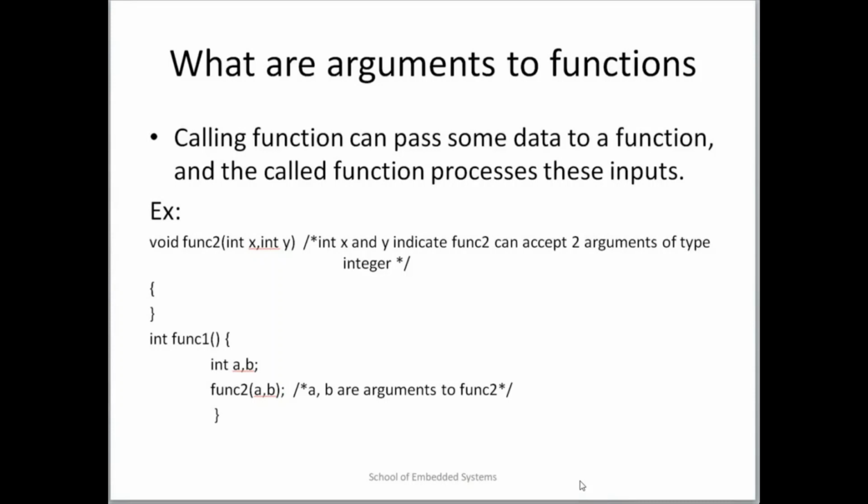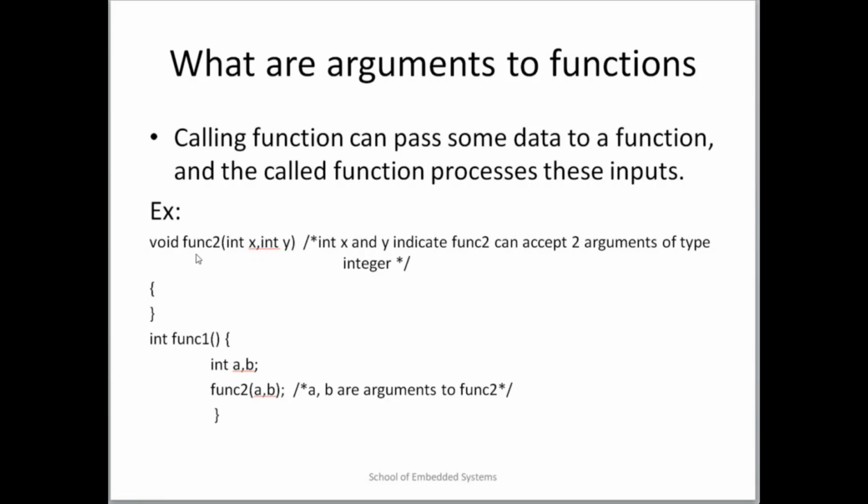Next in this lecture, we'll see what arguments to functions are. We already saw that we have a main function and then there is a function which is defined. In this example, I have written a function called func2 with int x and int y. What does this mean?